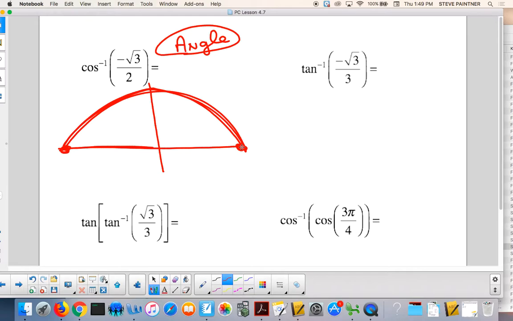That's the only place I can give answers. Okay. And then of course they're going to say radians. Okay, got it. Same thing.